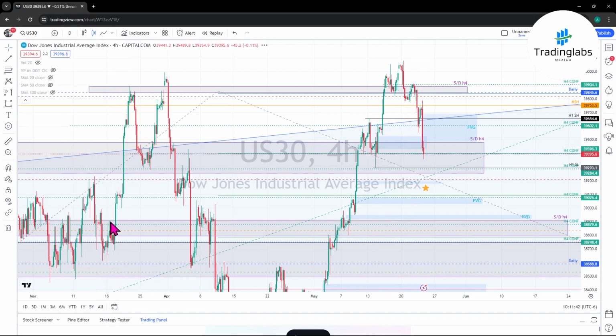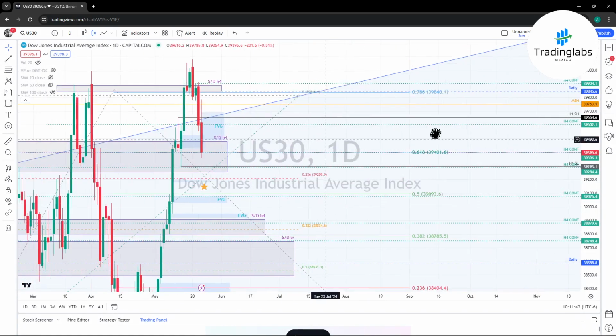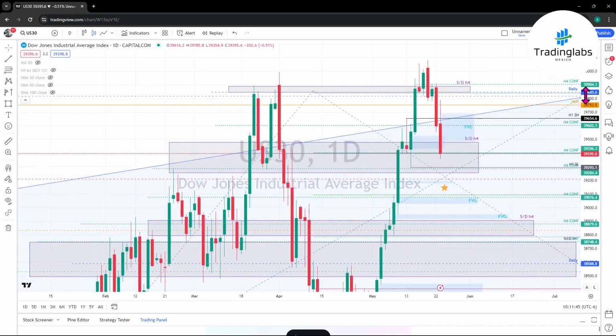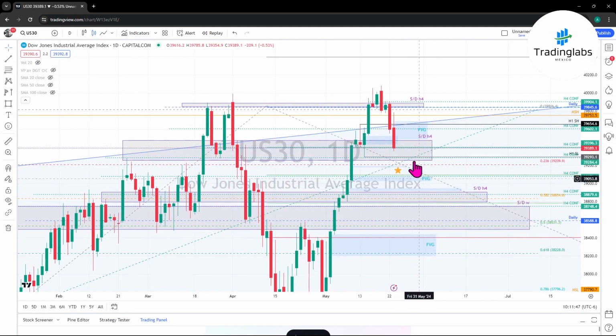Also, but okay, let's look at this daily. Also, you have to mark Monday high and Monday low, because it gives you guidance on where the market is going. For example, this is Wednesday.